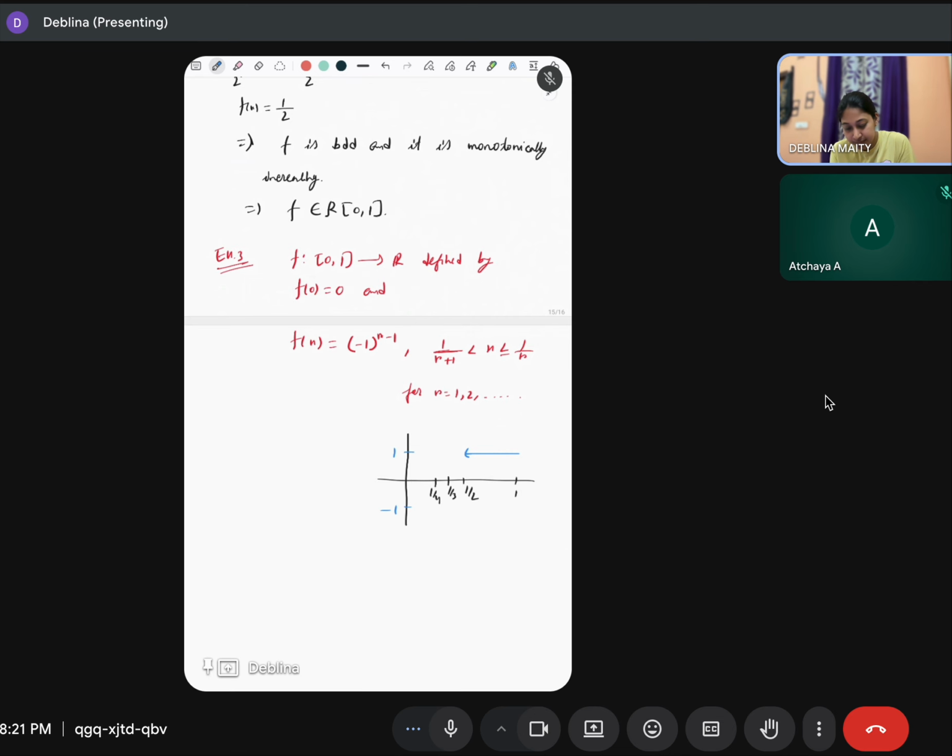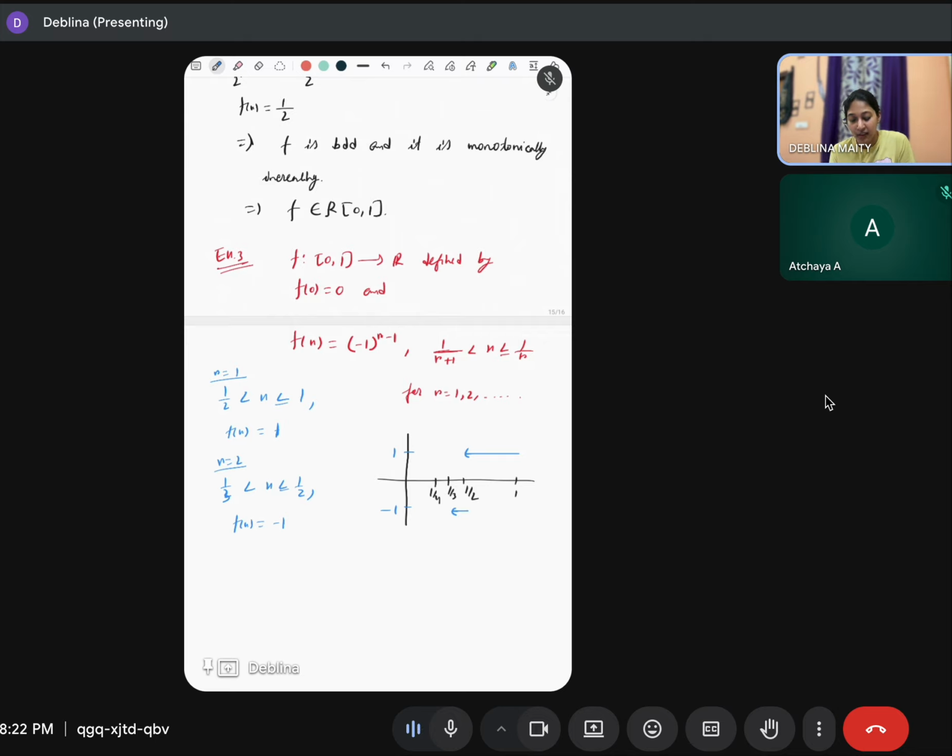This is open. And from 1/3 to 1/2, if r equals 2, then the value is -1.